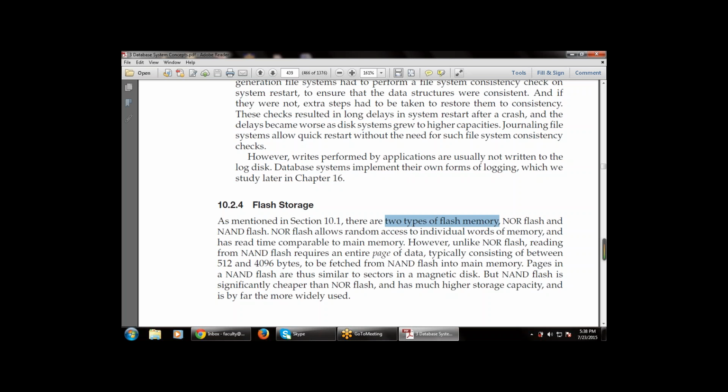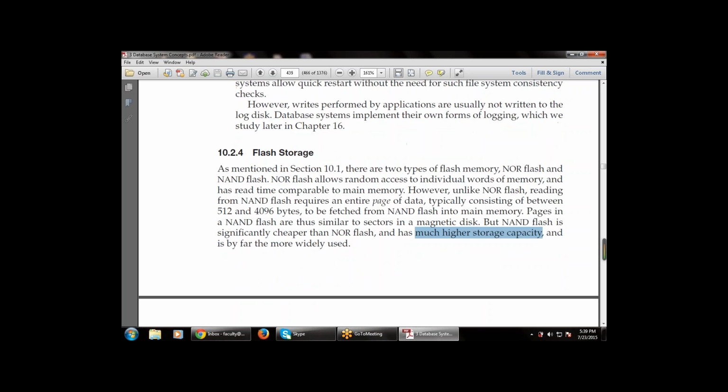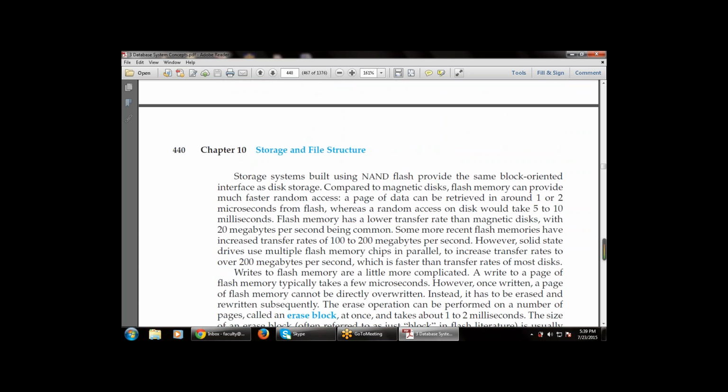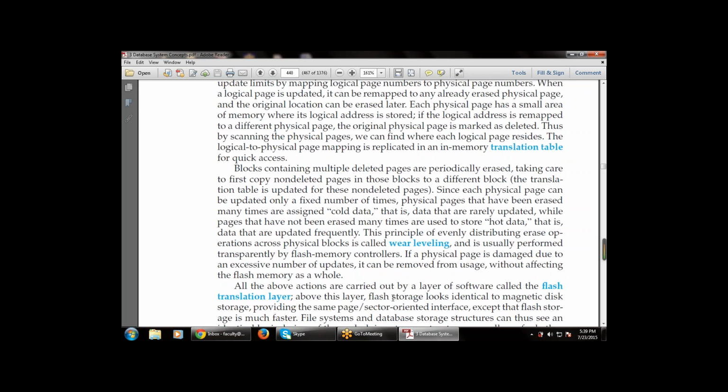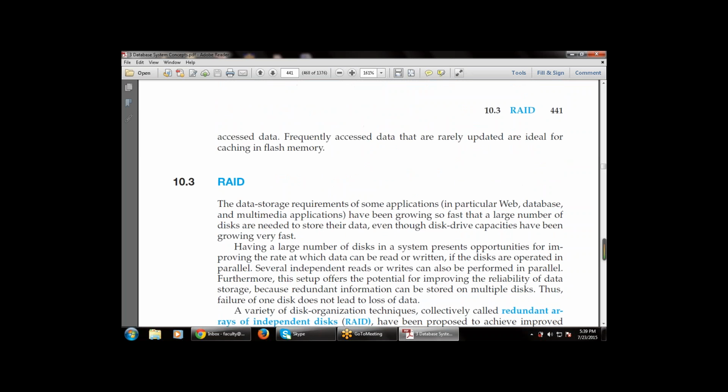NAND flash is significantly cheaper than NOR flash, so it is available at a cheaper rate and higher capacity and is widely used. The storage capacity of NAND flash is higher than that of NOR flash. And there is a translation table.